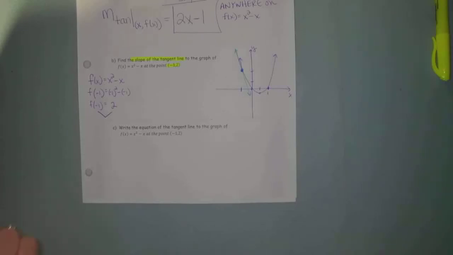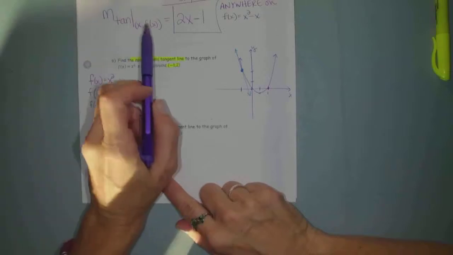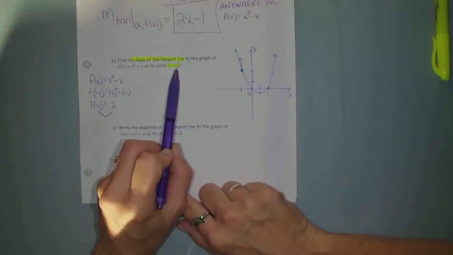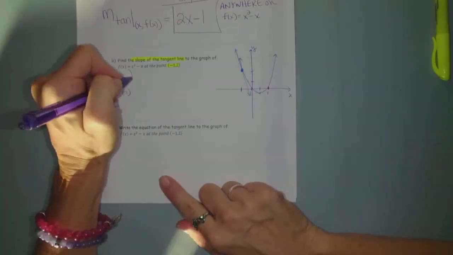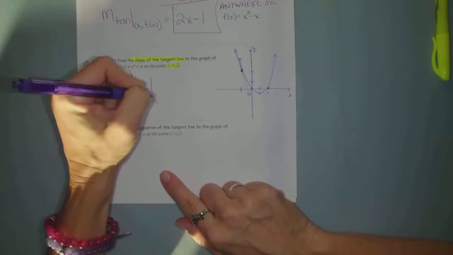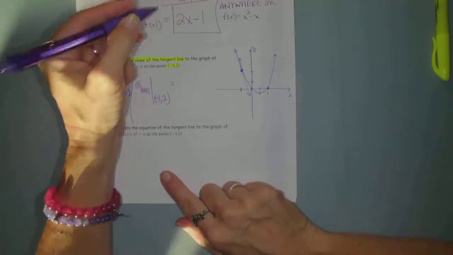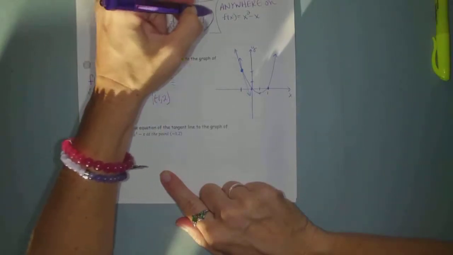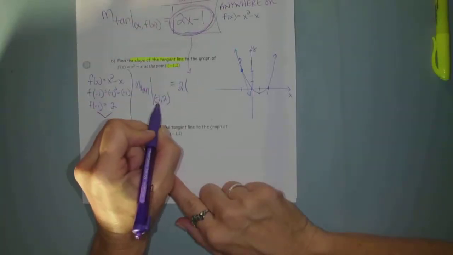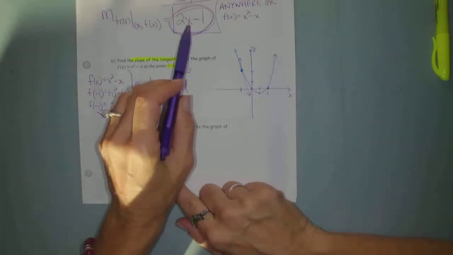So this is our notation. What we're going to do is use the notation from up here, but instead of having this generic point x, f of x, we're going to plug in this point, negative 1, 2. So the notation will look like this. Slope of the tangent at the point negative 1, 2 is equal to, now I'm going to take this, which is what I'm going to use for slope, and I'm going to plug the x value, negative 1, right here.